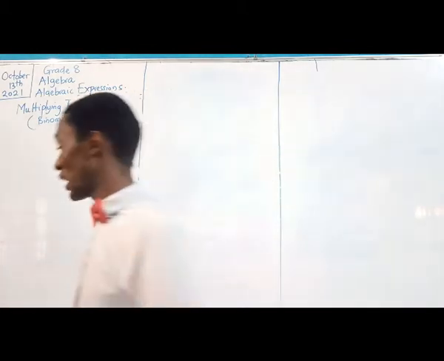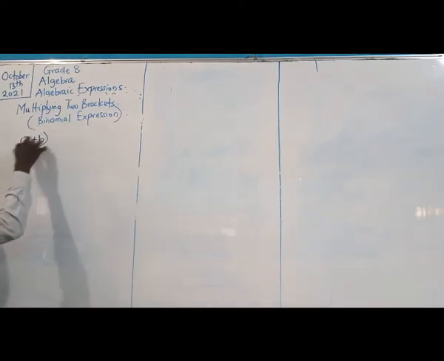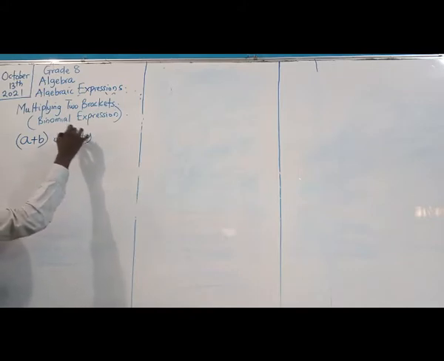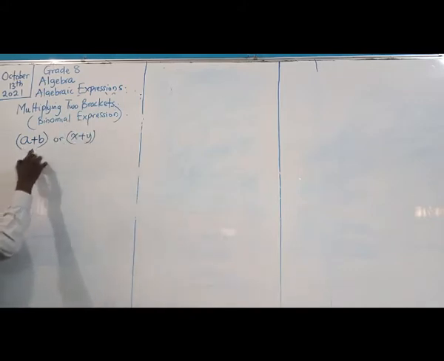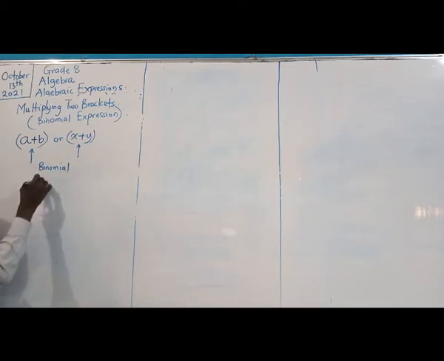So let's look at what that looks like. If I have A plus B, or I have X plus Y, technically speaking, each of these is called a binomial expression, meaning made up of what?